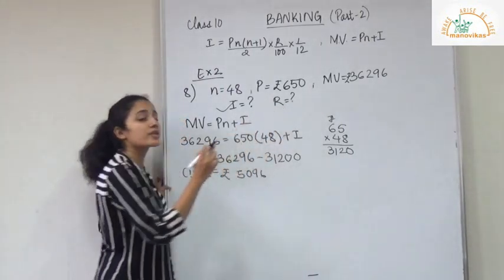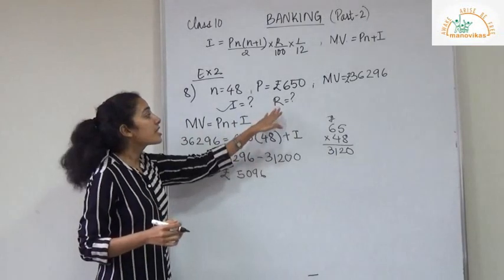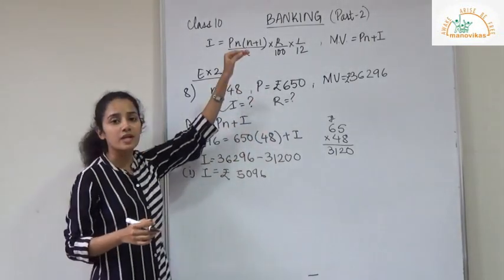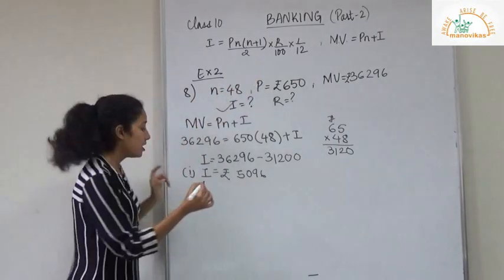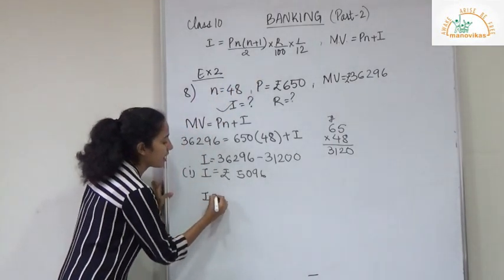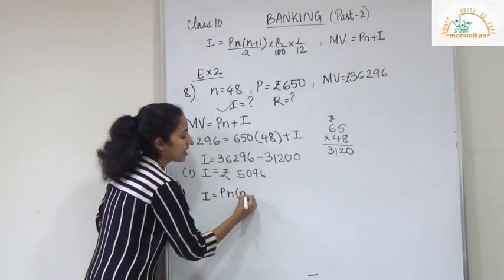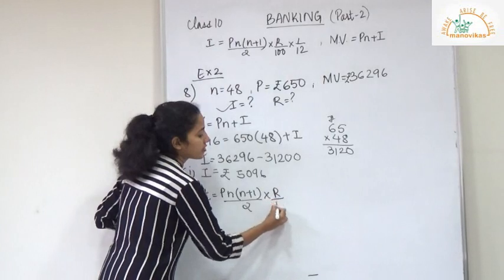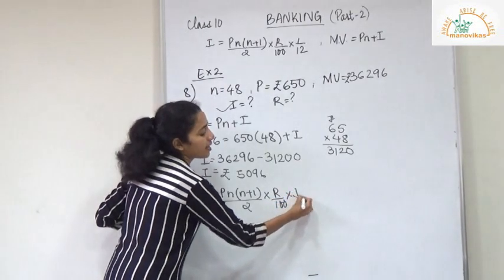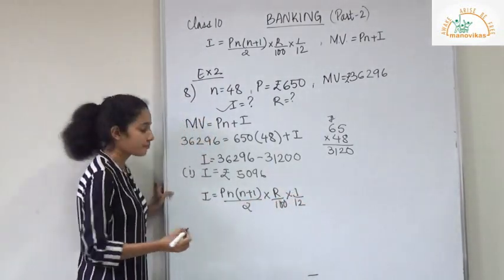The second part is to calculate the rate. Now note that rate is in the interest formula. So now for the second part we will be taking the interest formula. The interest formula is given by P n, n plus 1 divided by 2, r divided by 100 multiplied by 1 upon 12.